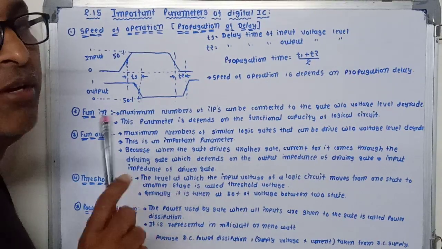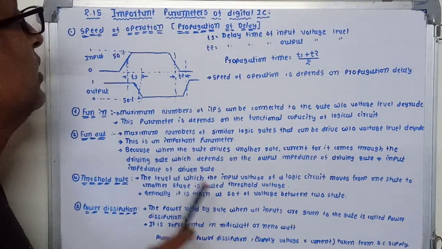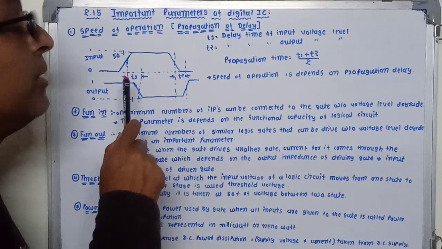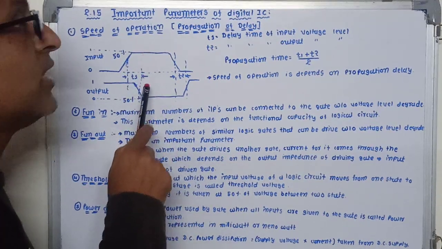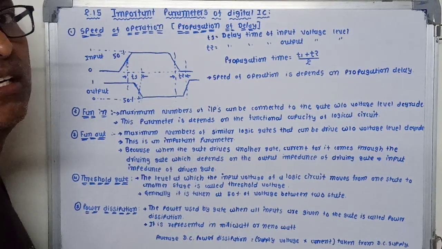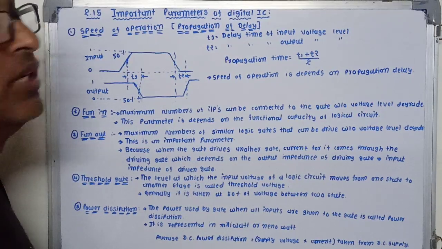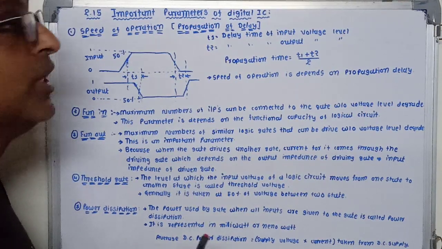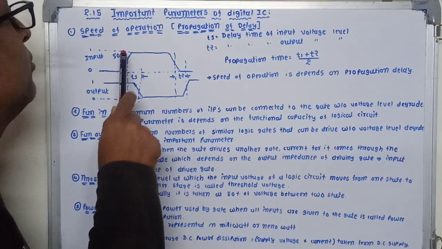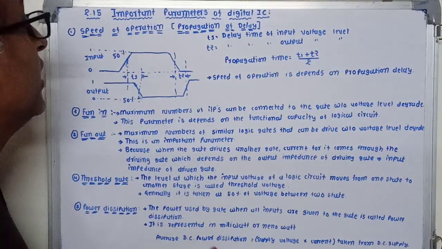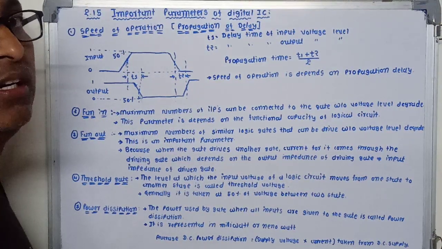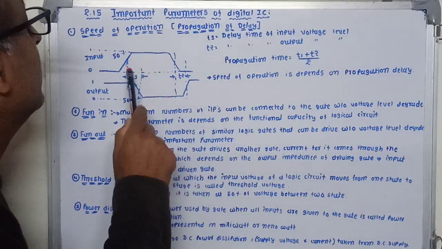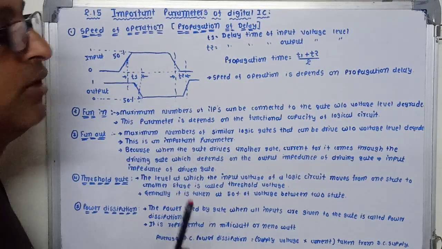For this, most important, the time between 50% of the input voltage and output voltage waveform is measured. Because of this, propagation delays T1 and T2 are formed.